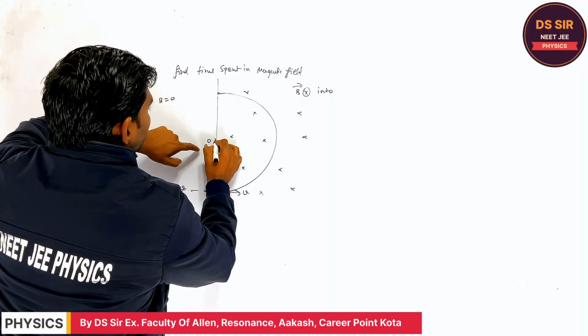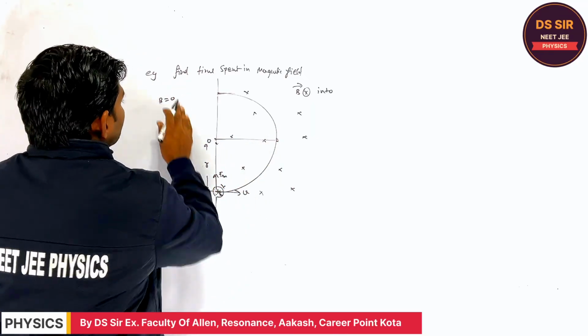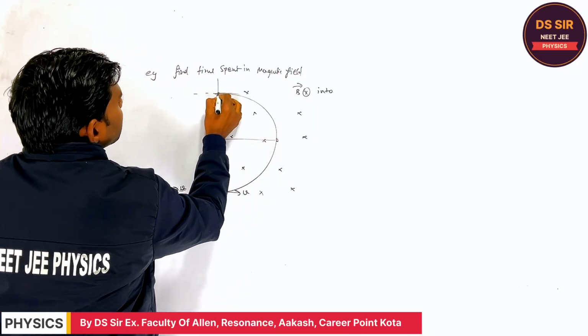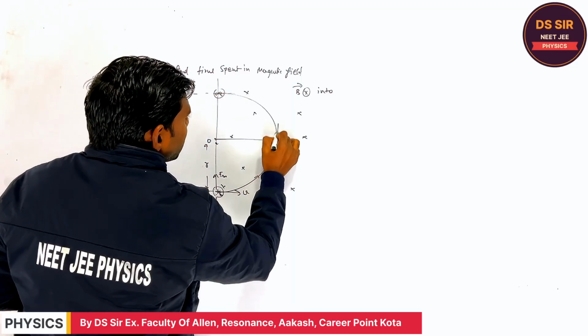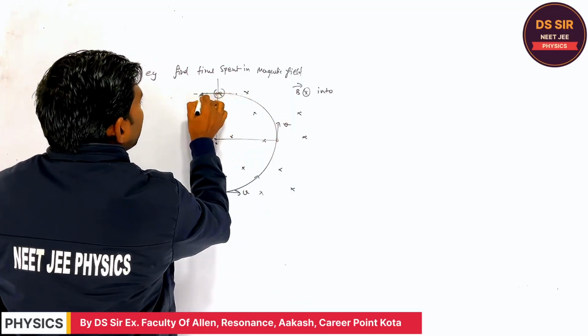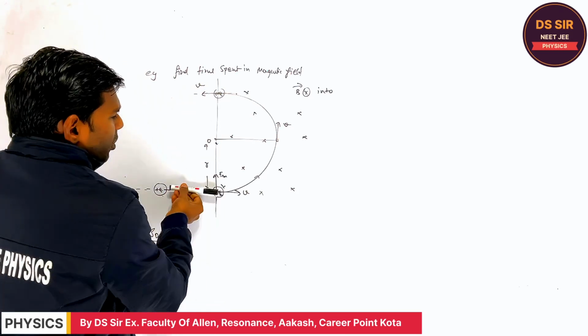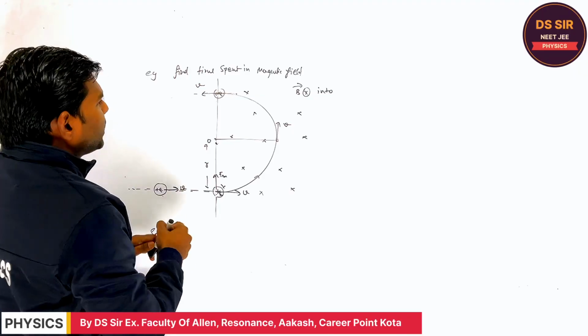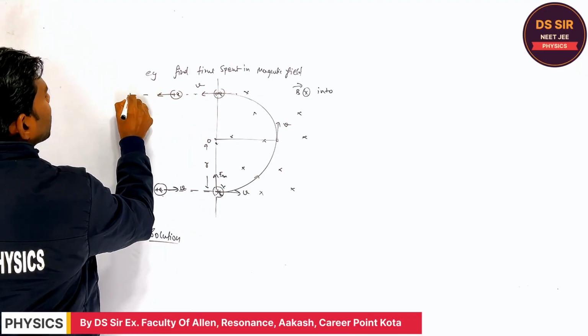If this is the center of the circle and the radius is r, then after this the charge particle comes out. It is moving in this way with velocity v, and it comes out with the same speed. Only the deviation is 180 degrees, and it will continue to move like this. Is it clear or not, you tell?